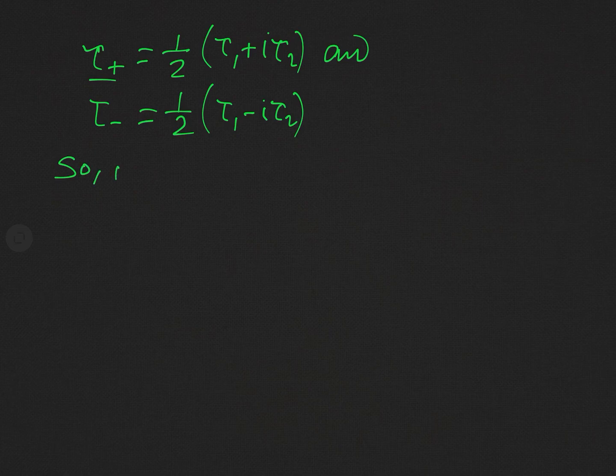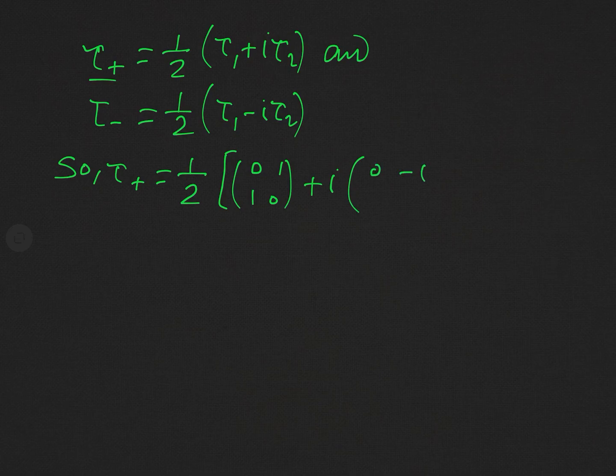So tau plus will be equal to 1 over 2 times the matrix tau 1, which is the square matrix 0 1 1 0, as you have just seen, plus i times the matrix tau 2, which is 0 minus i, i 0. You can simplify it.